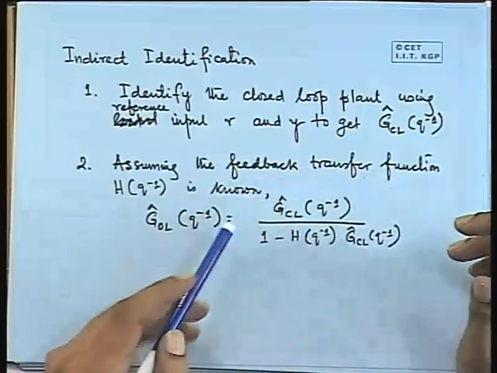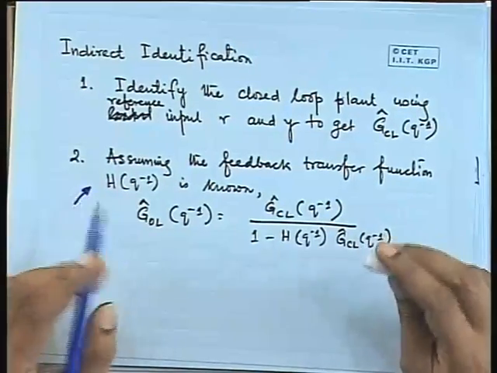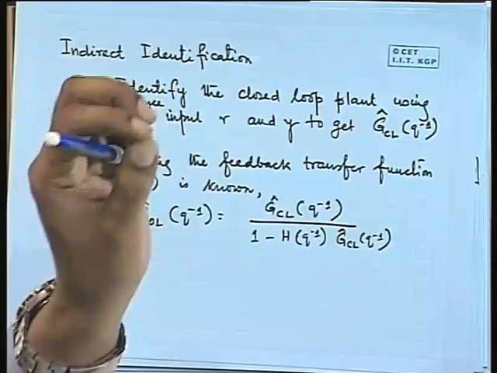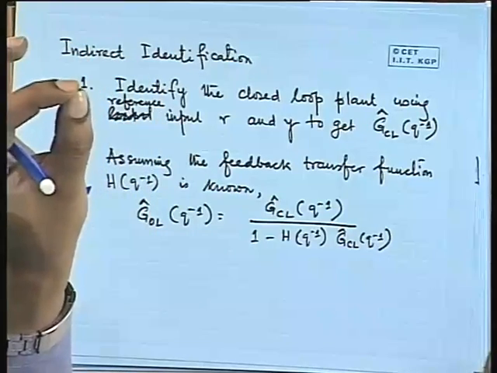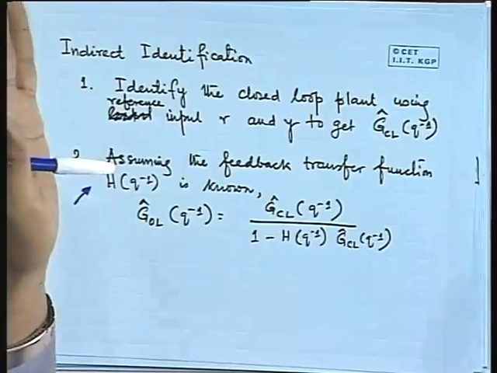So if you know the controller and if you have identified the closed loop plant, then you can solve out the open loop plant. Just numerical solving, right? So that is possible. This kind of identification is called indirect identification. Direct identification is where you directly identify the plant taking its inputs and outputs. Indirect identification is when you identify the closed loop plant and solve out the open loop plant, right?